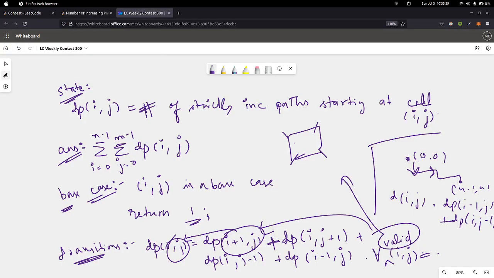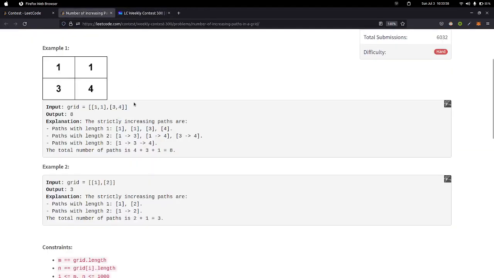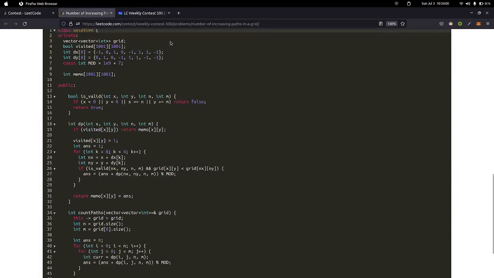The way in which we do these kinds of problems is somewhat similar to DFS on grid, but we'll be using memoization here to cache the answers to those overlapping subproblems. That's the only difference between DFS on grid and this implementation.